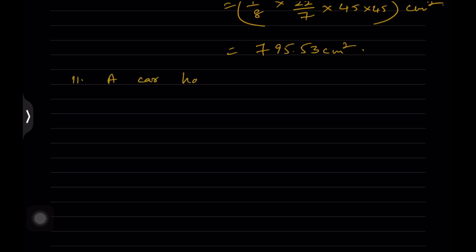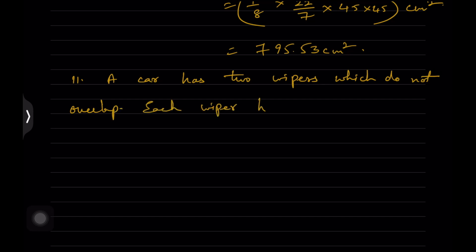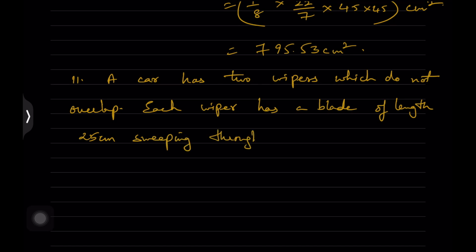Now next, the 11th one. A car has two wipers which do not overlap. Each wiper has a blade of length 25 centimeters sweeping through an angle of 115 degrees.